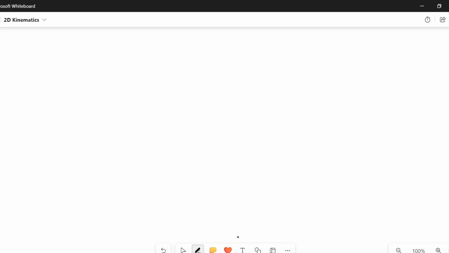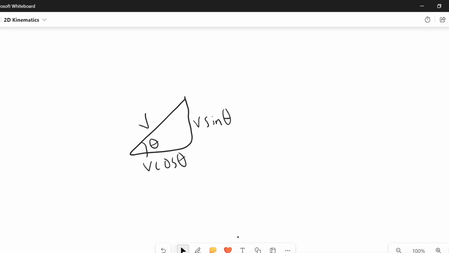So let's imagine we have a velocity v at an angle theta, right? The horizontal component is v cosine theta, and the vertical component will be v sine theta.